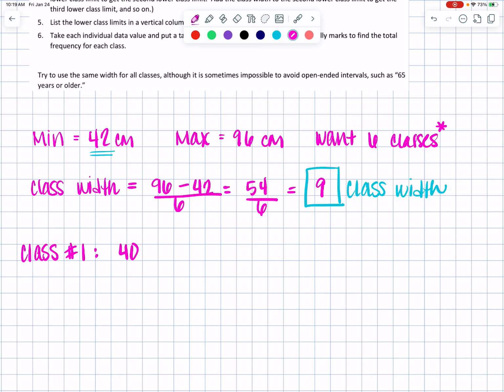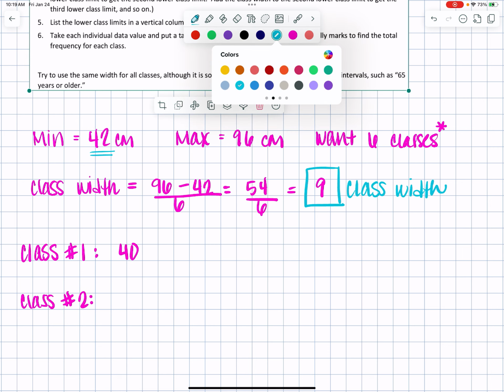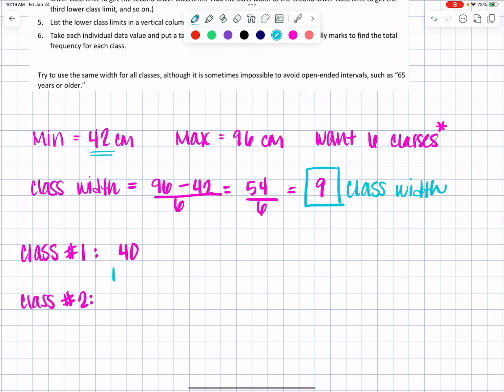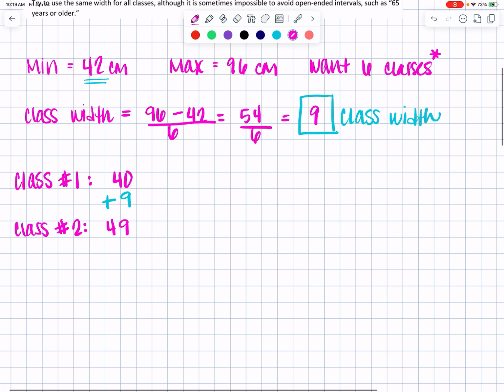Then for my second class, I'm going to add my class width. That means my second class is going to start at 49. Then I add 9.